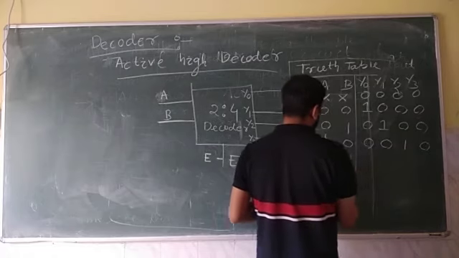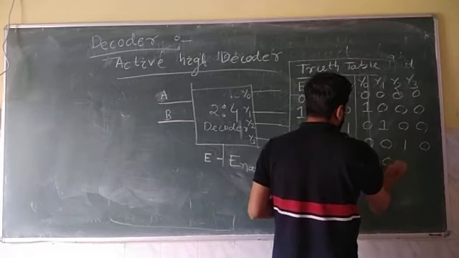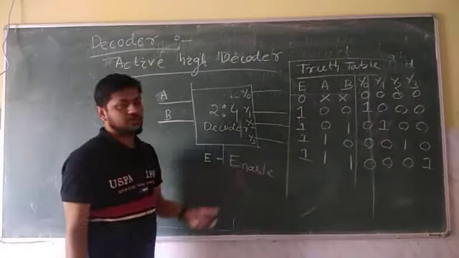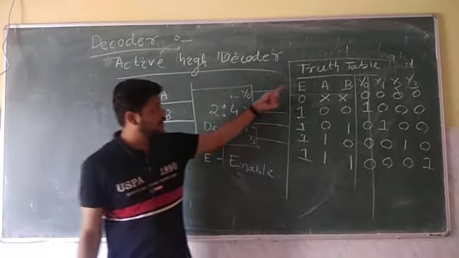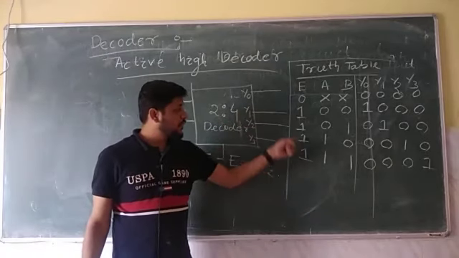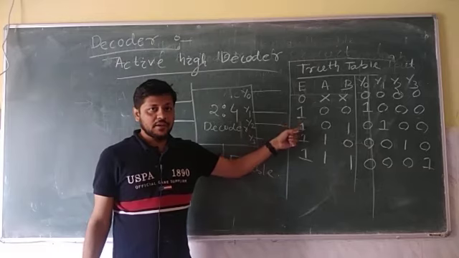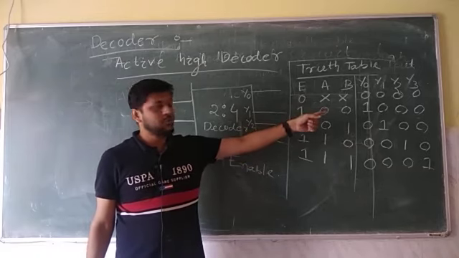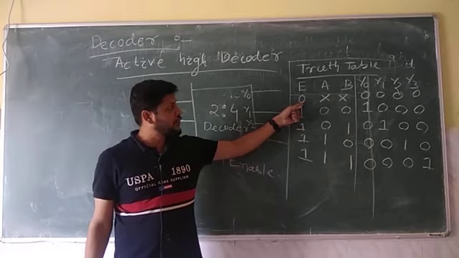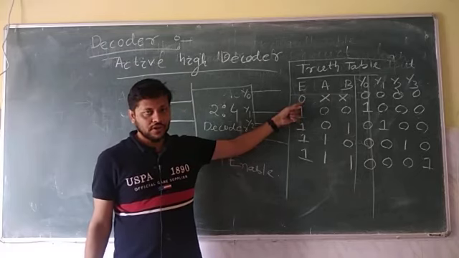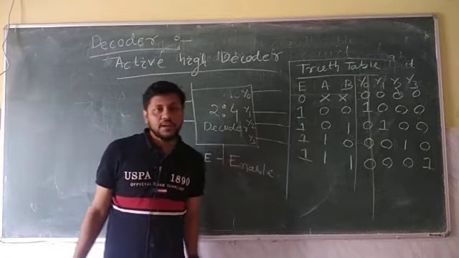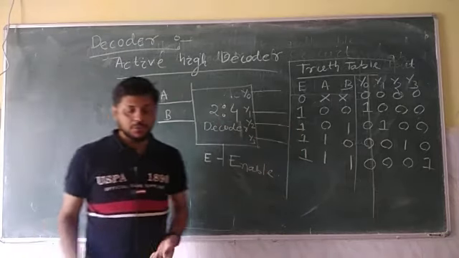For 1 1, Y3 will be active high, remaining are 0. So this is the truth table, just like your DMUX. But here one external input is enable, so you need to take care, because this is an active high decoder. Enable 0 means output will be 0, because no power supply goes to the circuit. Enable high means power supply to the circuit, and we get the output connected to the input.